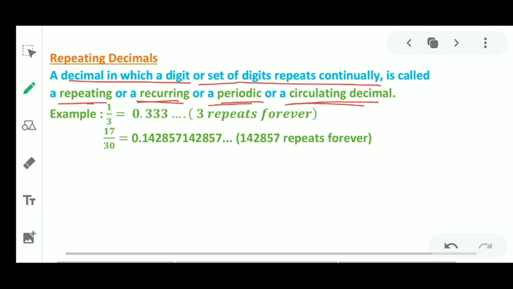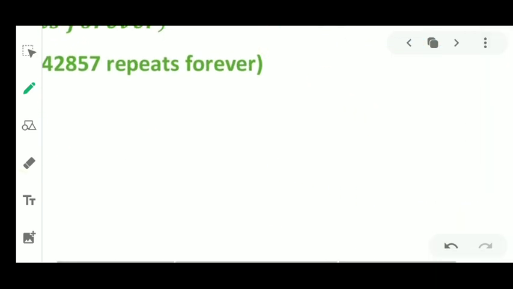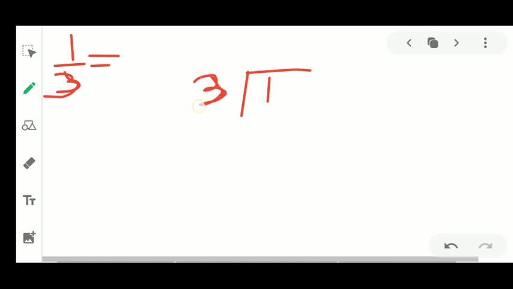In a decimal, if a digit or set of digits repeats continually, for example 1 by 3, if we divide 1 by 3, 1 is smaller than 3, that's why you put a 0 here and a decimal point. 3 threes are 9. 10 minus 9 equals 1.